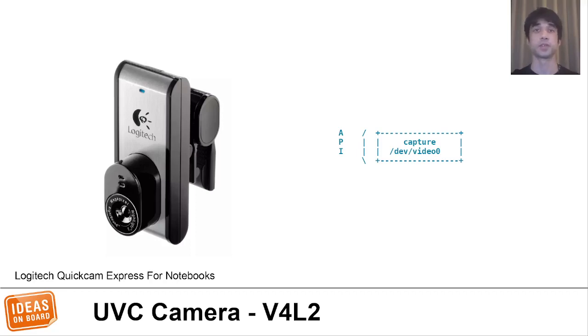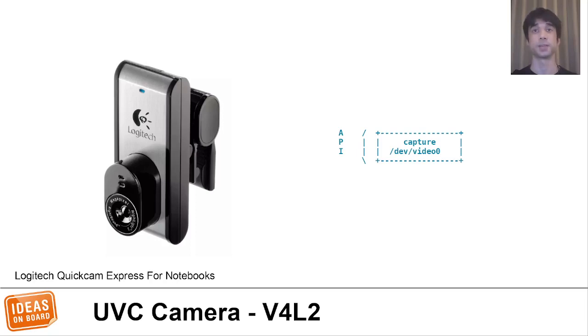I'm not actually old enough to remember the old days of cameras connected to computers with composite or parallel ports. When I started using cameras on Linux, everything was a UVC camera, where the webcam is connected via USB either internally or externally, and they were exposed with just a single video node in the file system, and you could interact with it with the Video for Linux 2 or V4L2 API.